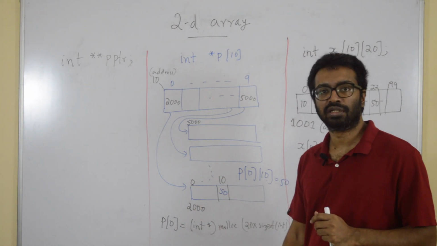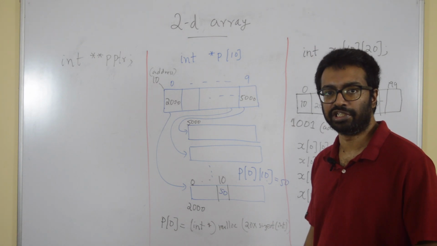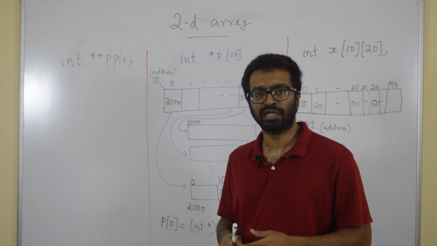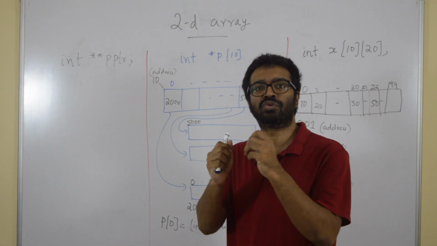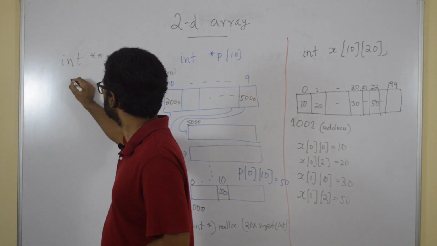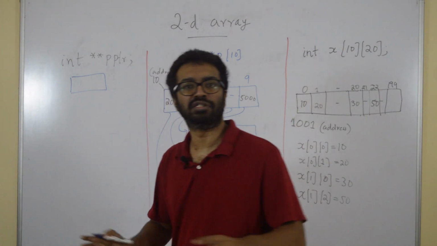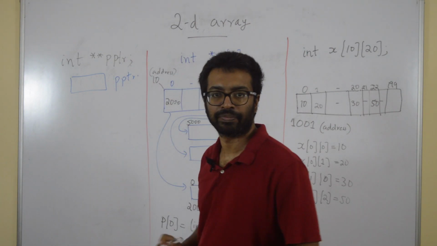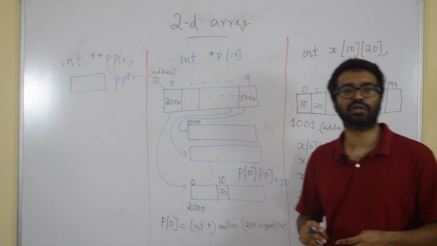So this is a pointer to an integer. So what is statically allocated? Statically, memory is allocated to store just one pointer information. This is all which is statically allocated. Okay. Now the rest of the things you have to dynamically allocate.